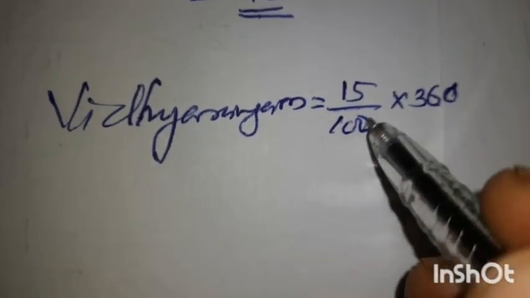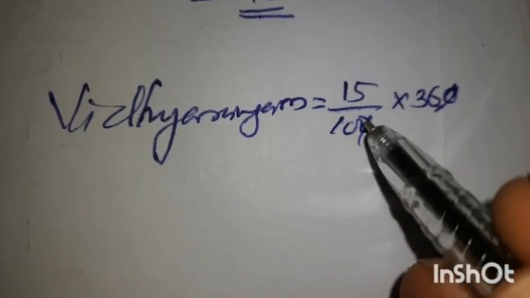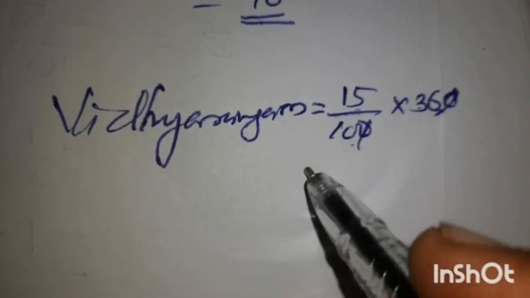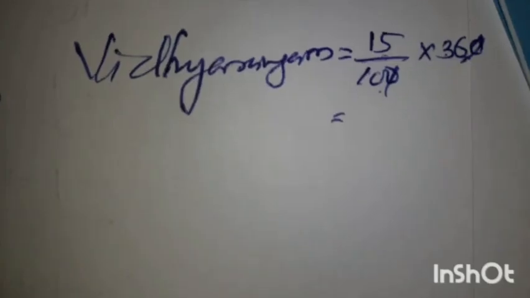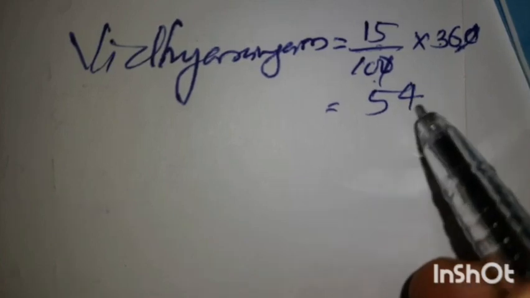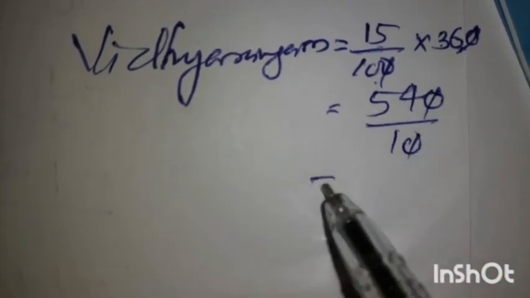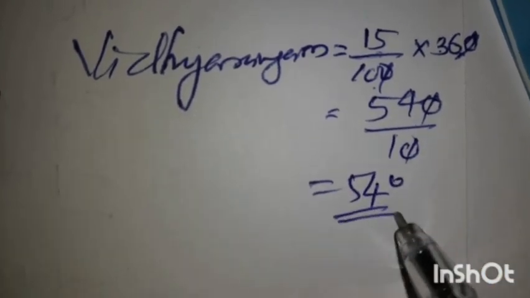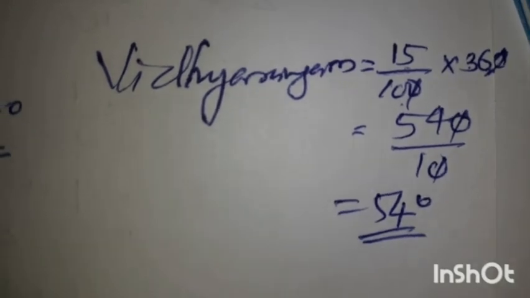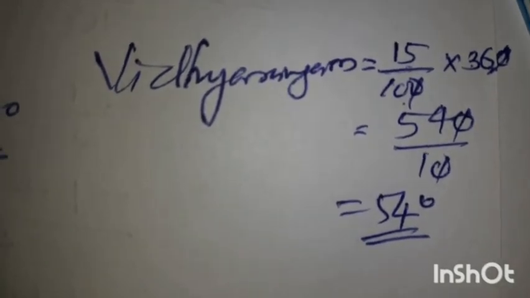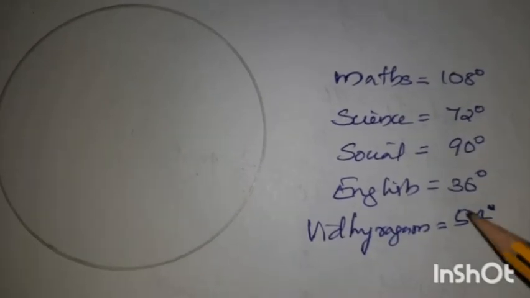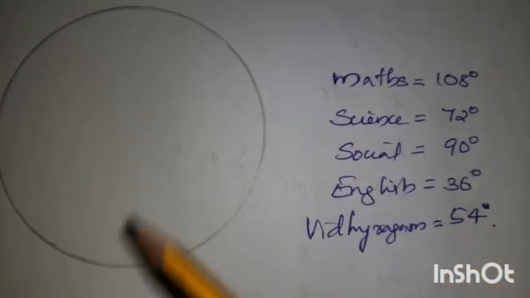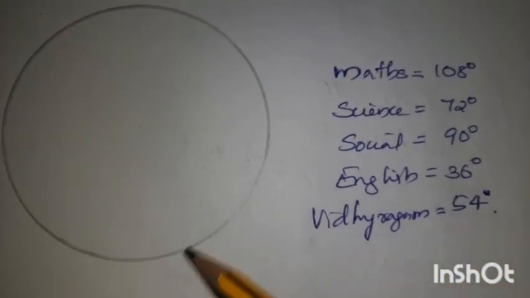The zeros are cancelled. 15 times 36 will get 540, so 540 by 10 gives 54 degrees. So each angle you have to mark in the pie chart. These are the different angles. These angles you have to mark in the circle.